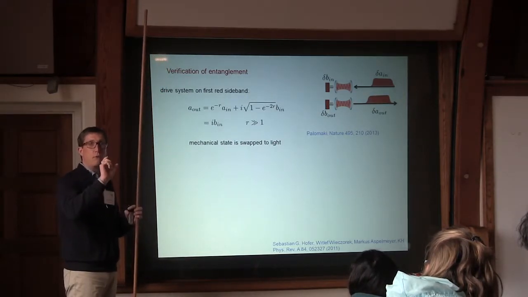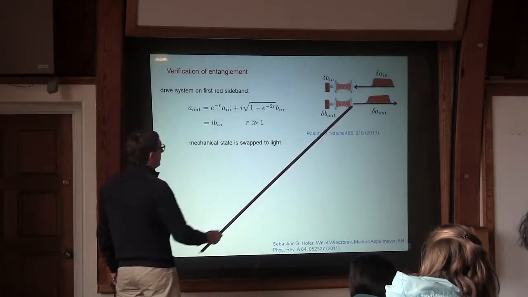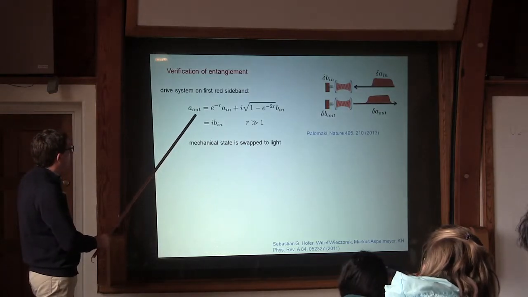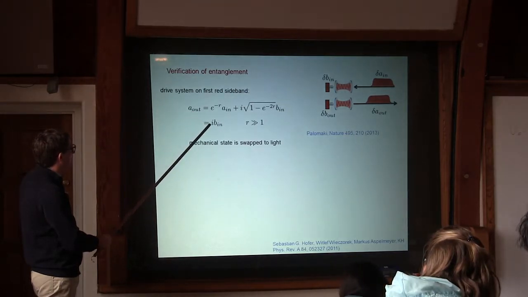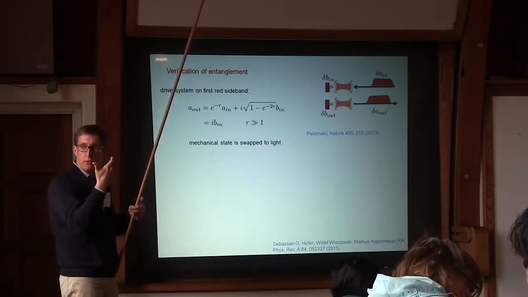You can do a perfect state swap if you shine a short pulse at the lower sideband and solve the input-output relations. What you find, for example, for the pulse running out of that system is that A out is just proportional to B in. And that means in the Schrödinger picture you swap the quantum states of the systems.